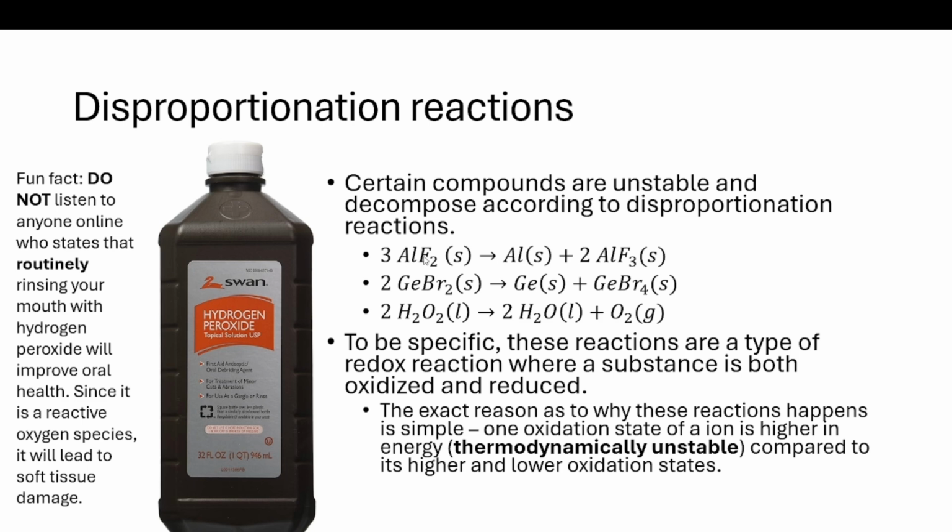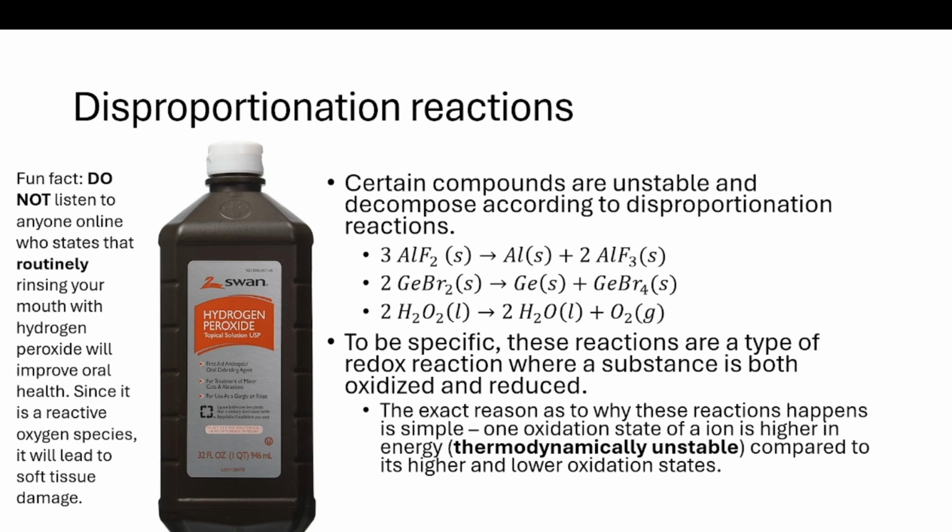And so this aluminium in the reactant will have a +2 oxidation state. Of course, solid pure aluminium will have an oxidation state of 0, but in this particular compound, aluminium fluoride, aluminium will have an oxidation state of +3.